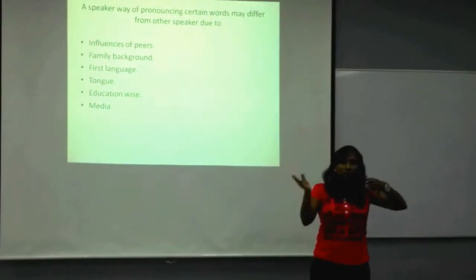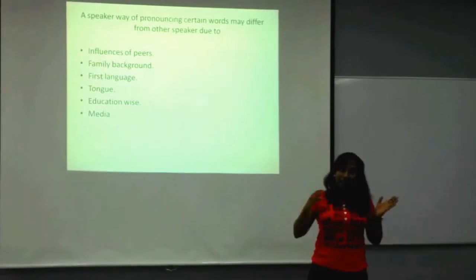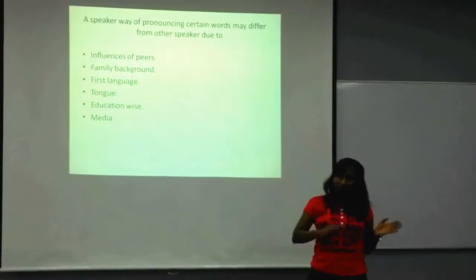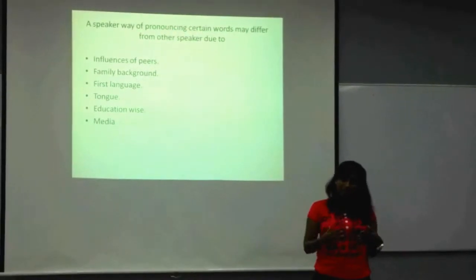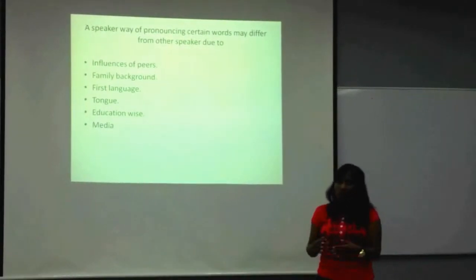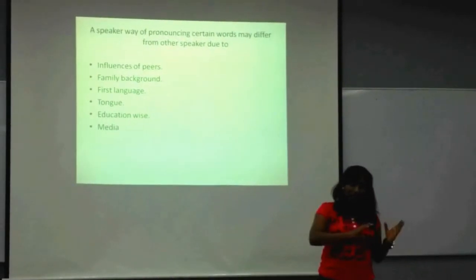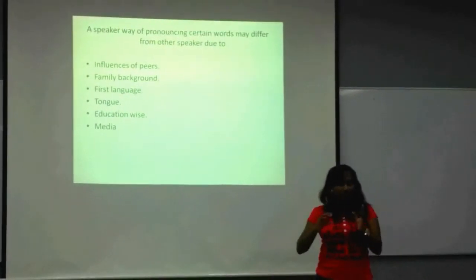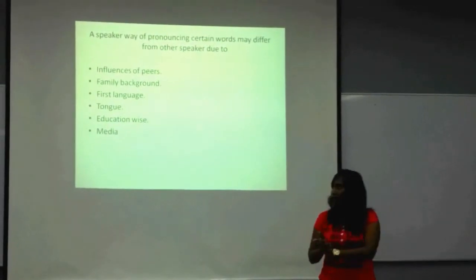So when we are speaking English again, the accent may control the way we speak English. So when we are pronouncing certain words in English, it may sound somewhat like an Indian accent.